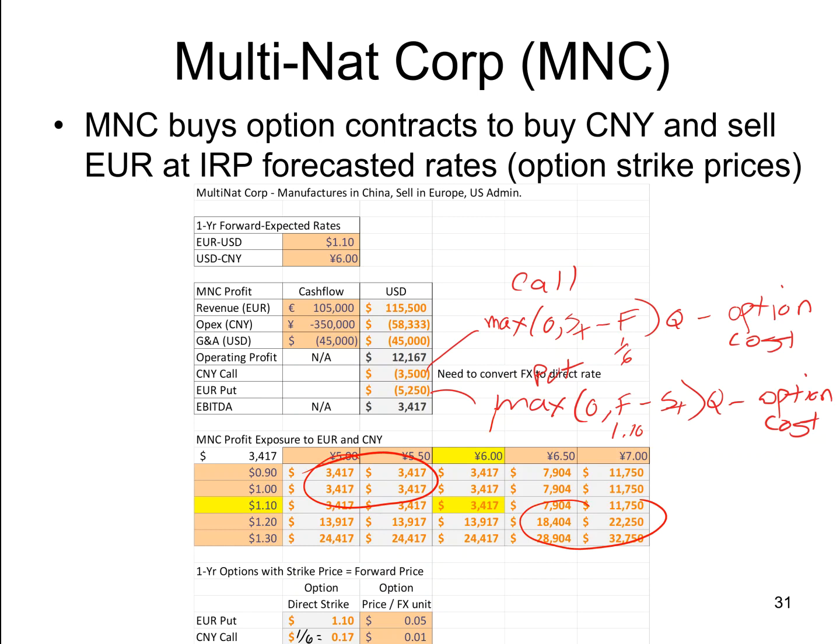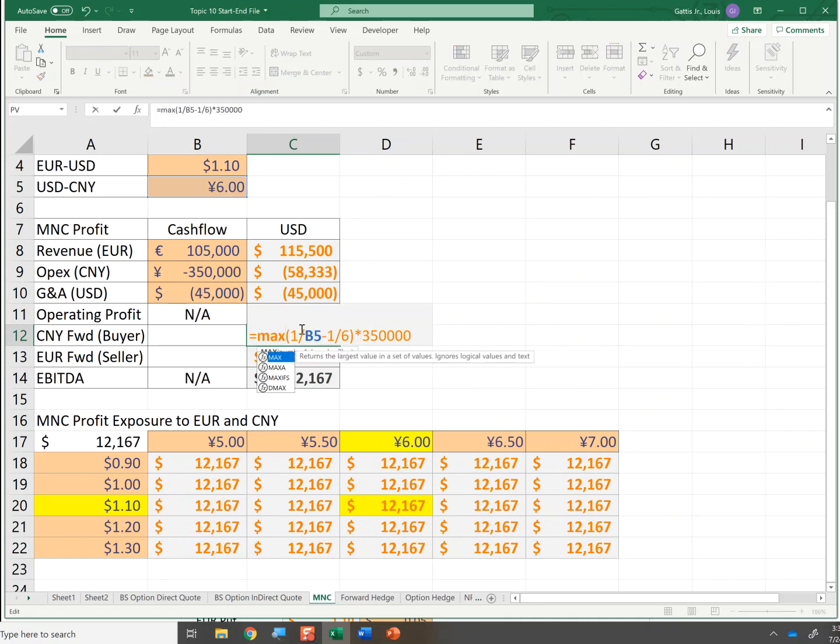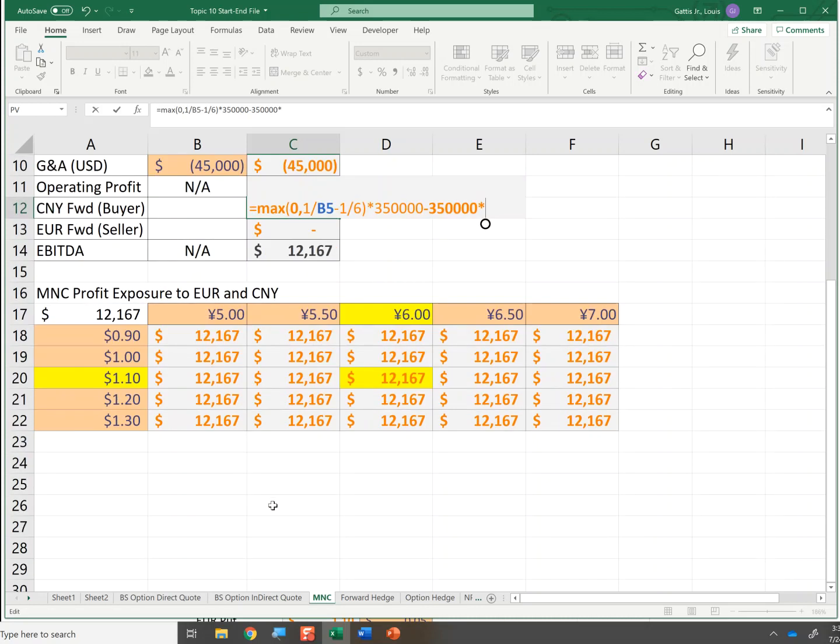So for the call option to buy 350,000, I'm just going to modify that equation. It's going to be equal to the max of 0, comma, 1 over whatever the spot price turns out to be, minus 1/6, times 350,000, minus 350,000 times the price of the option per unit.